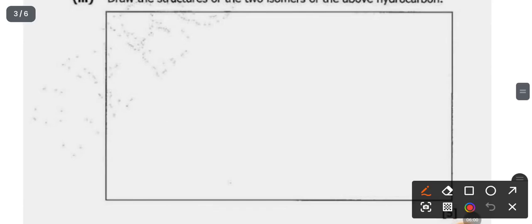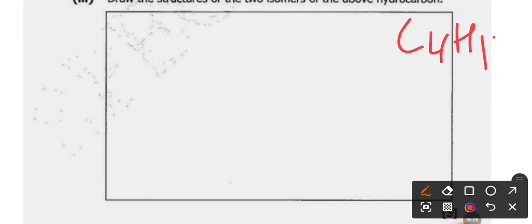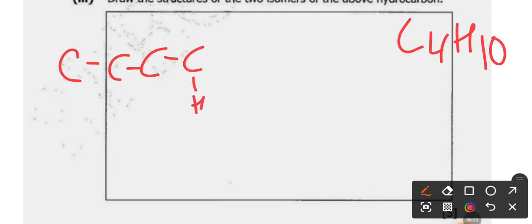We established that its name is butane. We should remember that butane has 2 isomers. The first isomer of butane looks something like this, with the hydrogen atoms like that.